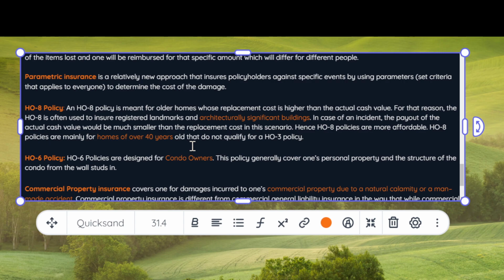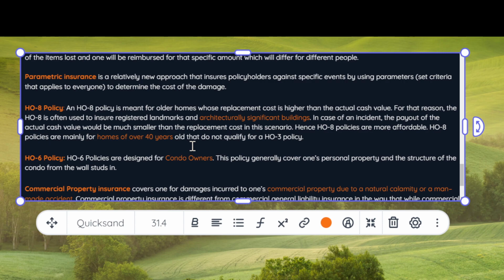The next type of homeowners insurance we'll see is the HO6 policy, right? This is a very niche and specific type of property insurance, which is only for condo owners. If you don't know what a condo is, this is basically a shared space that is rented out, and typically 2 or more people stay together in that place.